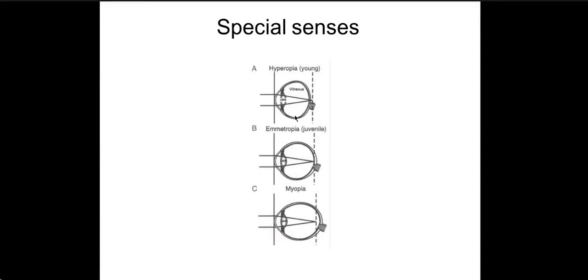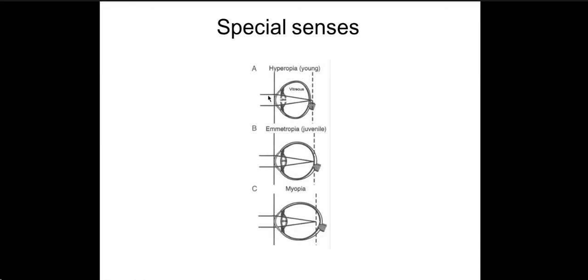Now, when you draw this picture, you put arrows here, otherwise light rays will not be represented. You put an arrow here, an arrow here. When the parallel rays are coming and the object is focused beyond the back of the retina, that is called hypermetropia. Am I clear?